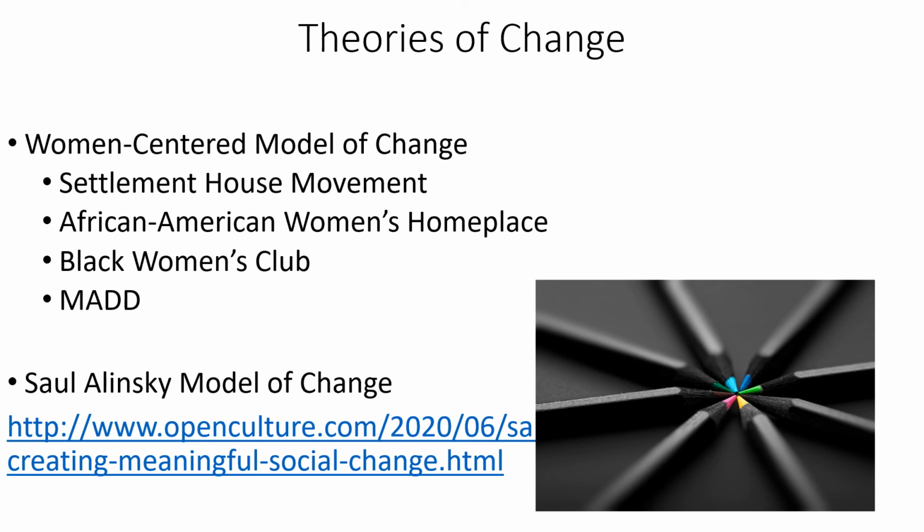So when you think about those rules for radicals in accordance with Saul Alinsky's model of change, think about how that might connect to things that you're seeing happen today, whether it's the Black Lives Matter movement, whether it's the Me Too movement, something to do with combating police brutality, whether it has anything to do with how to handle a global public health pandemic, any social issue.